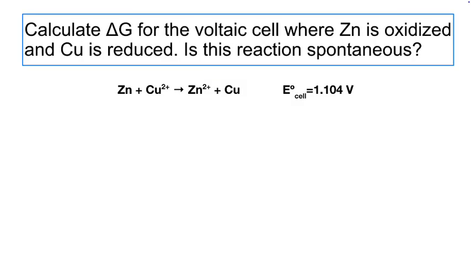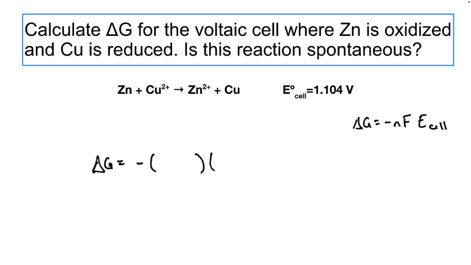So, why not? Calculate the delta G for the voltaic cell where zinc is oxidized and copper is reduced. Is this reaction spontaneous? Right? If you'd been paying attention, or even if you hadn't been paying attention, hopefully you noted your formula for calculating delta G. So now it's just a question of plugging things in and solving. So if we're going to set it up, delta G equals N. We'll come back to that in a second.